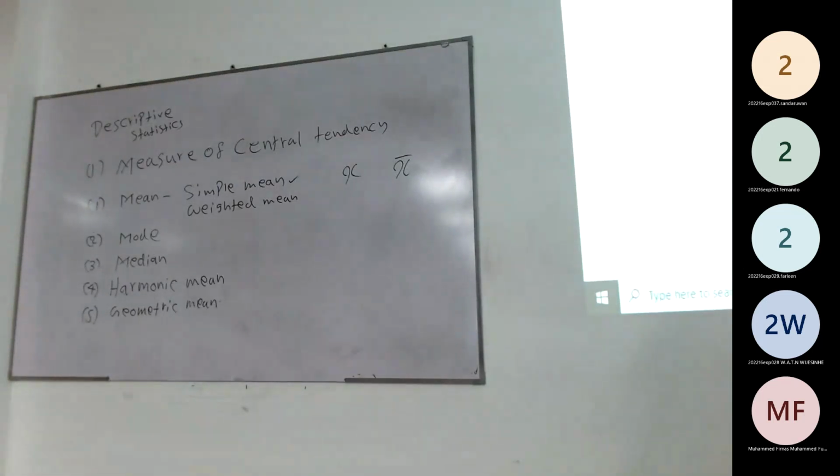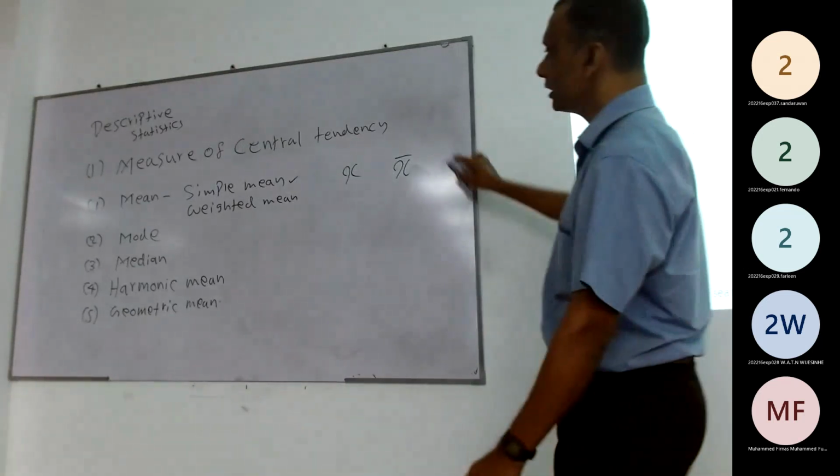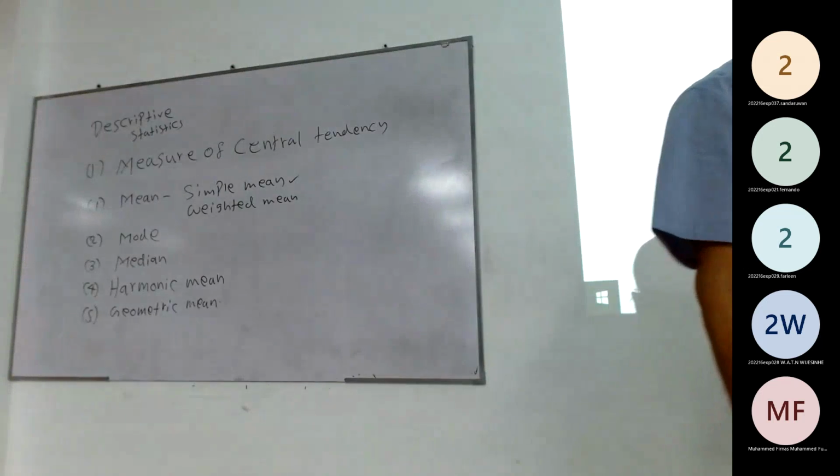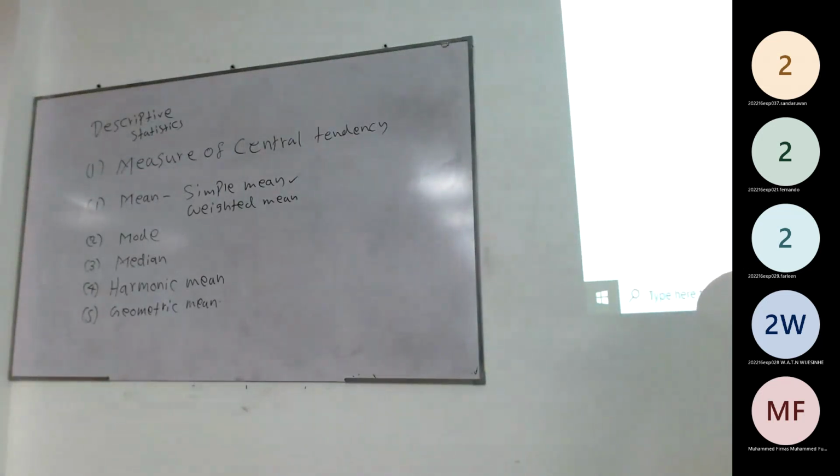Right. Now we write down like this. Simple mean. This is the average value. Summation of observations is divided by the number of observations.